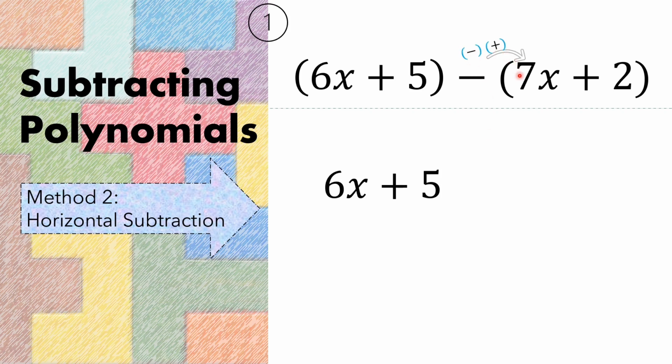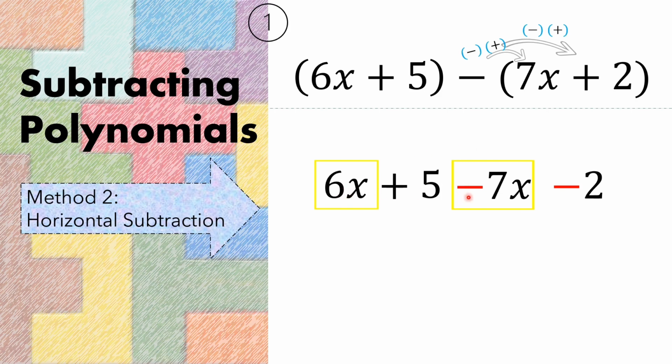Negative times positive is negative 7x. And then negative times positive is negative 2. And then simplify. Combining like terms, 6x minus 7x is negative x. Positive 5 minus 2 is positive 3.